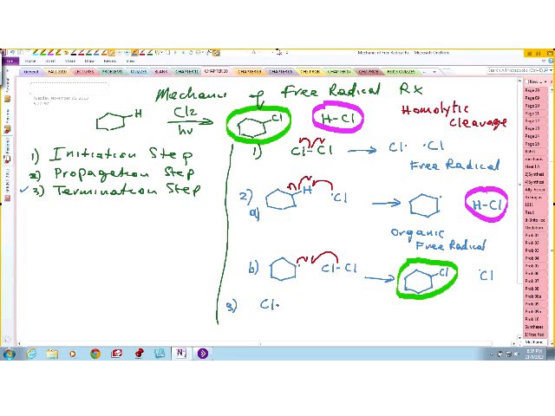For example, you could have chlorine, another chlorine, to form chlorine. Or you could have this organic free radical here and this organic free radical here, two organic free radicals coming together.